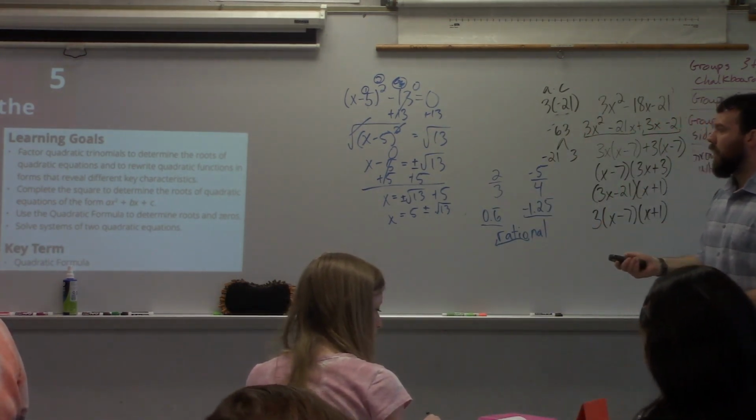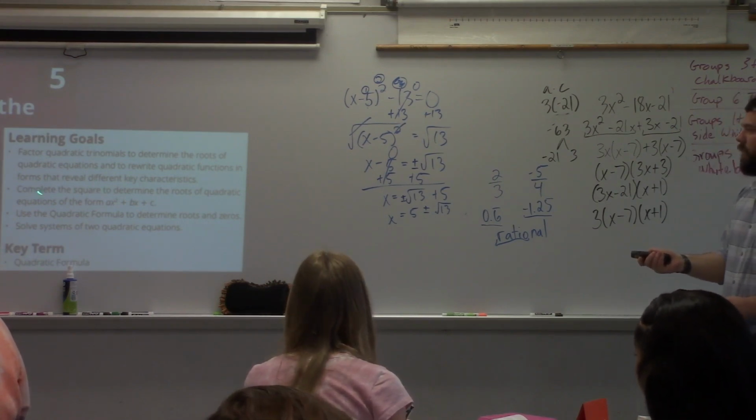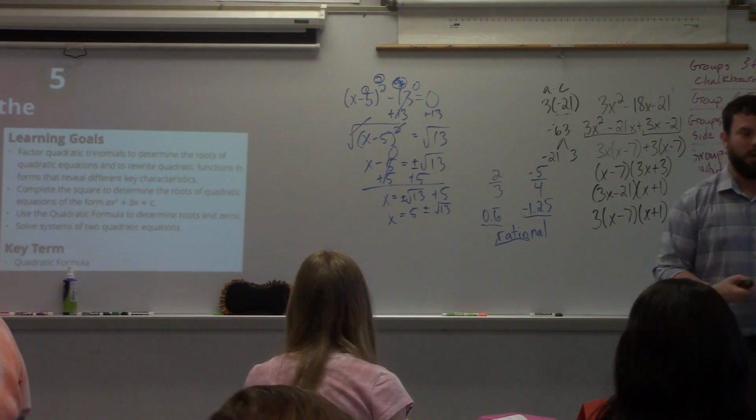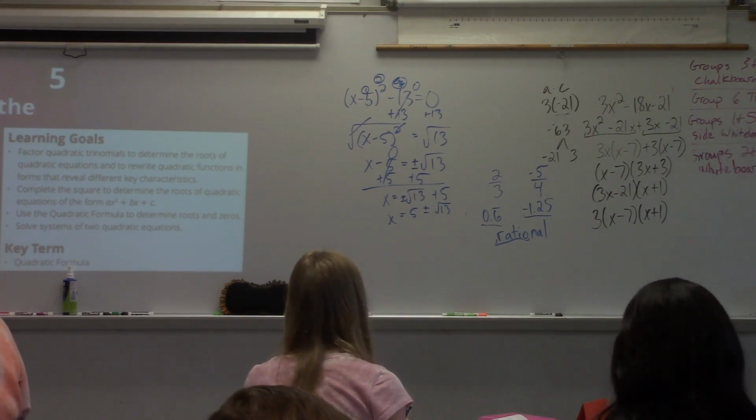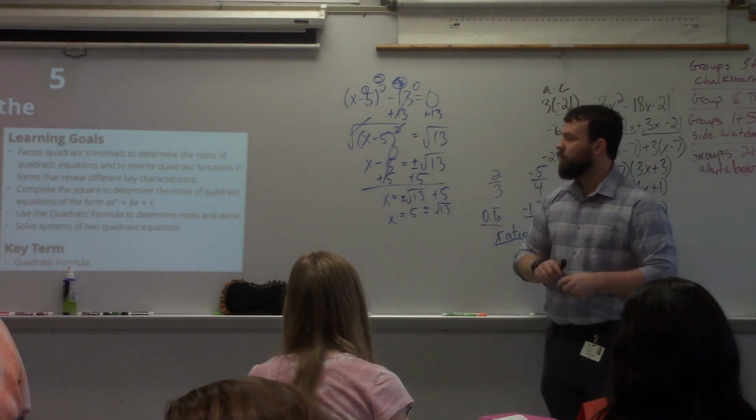But if we cannot factor, the book has us completing the square, but when we complete the square, remember that's not what you're actually doing for me. When you complete the square, what form of the quadratic do you end up with? Vertex form. So we're just going to go straight to vertex form. We're going to write A, H, and K. We're going to figure out what that vertex form is, because if I can get the vertex form, what strategy can I use to solve that quadratic?